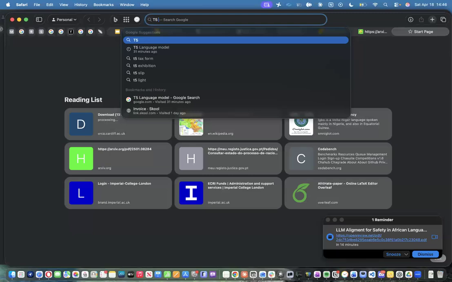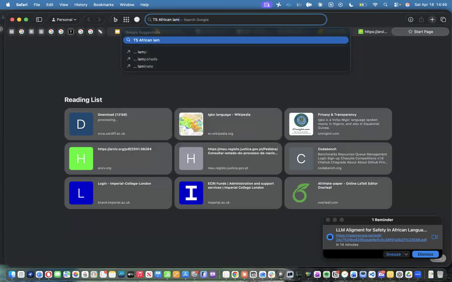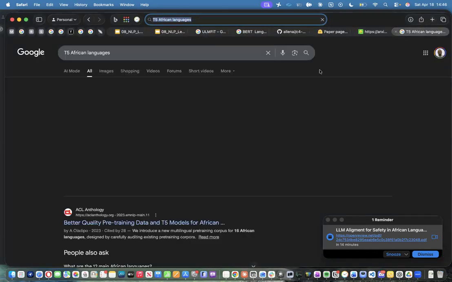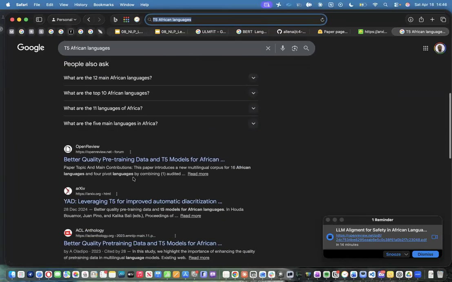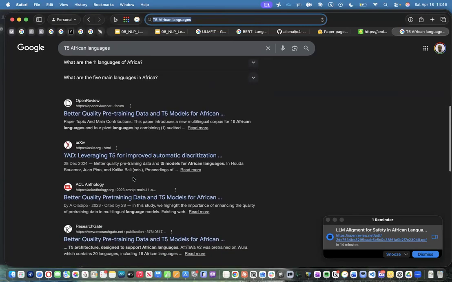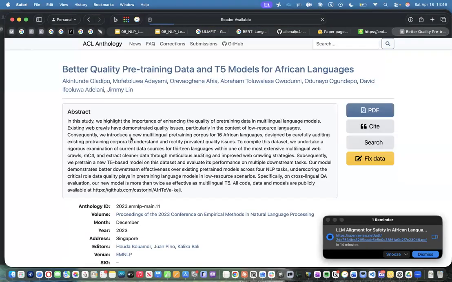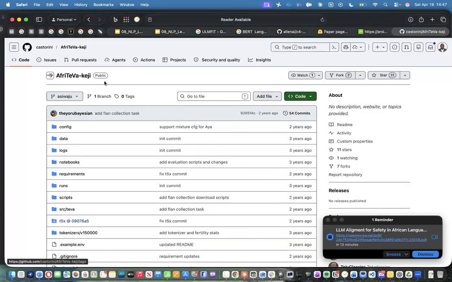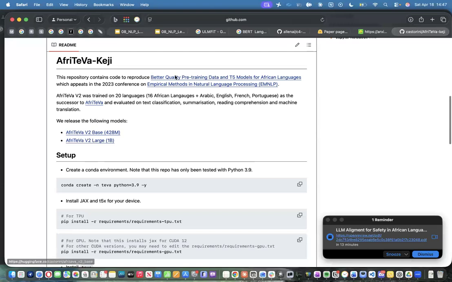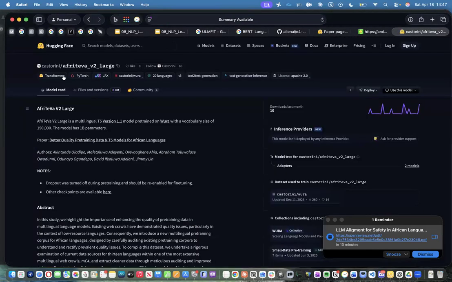Let me say African languages. Yeah, AfriTeVa. They have this, called AfriTeVa. It's basically a T5. If we go to Hugging Face, you can see they have base and large.